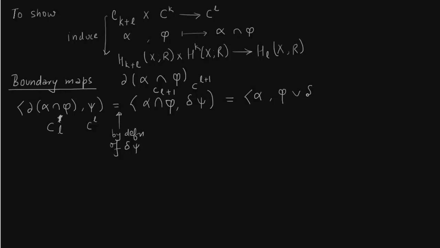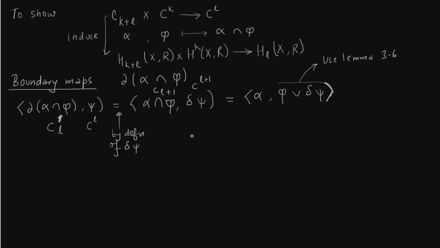So now we just apply the formula from the previous slide, interchanging cap and cup product. Here we want to apply the formula we have derived in lemma 3.6. You basically rearrange what is given there so as to obtain the formula for phi cup with delta psi.